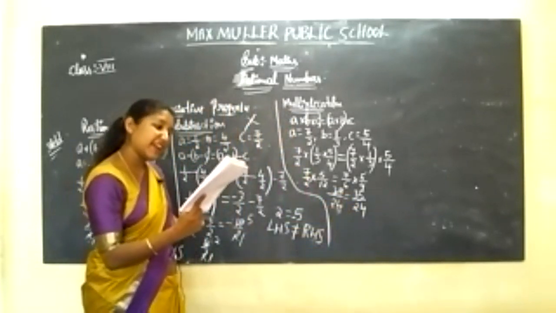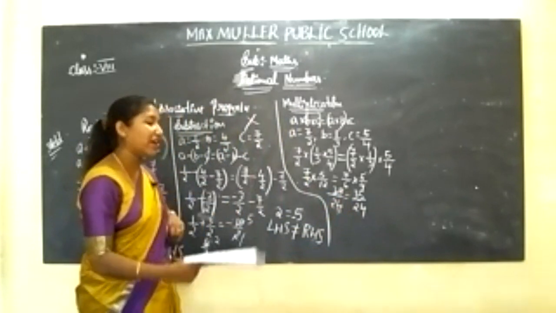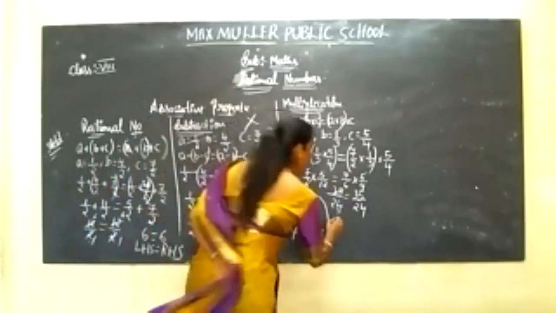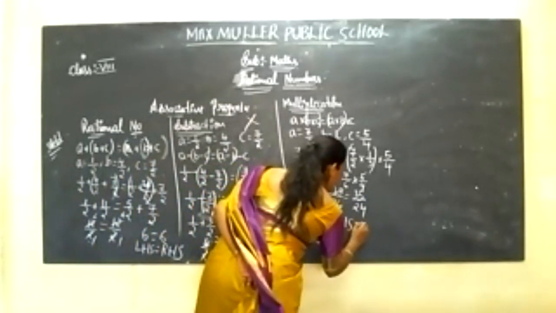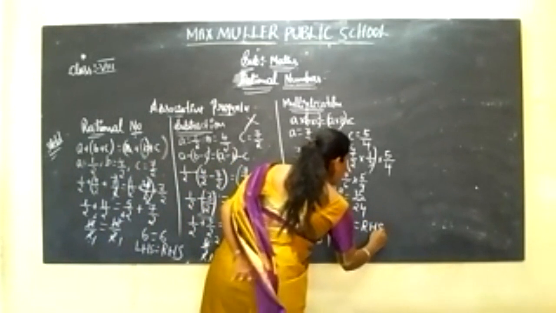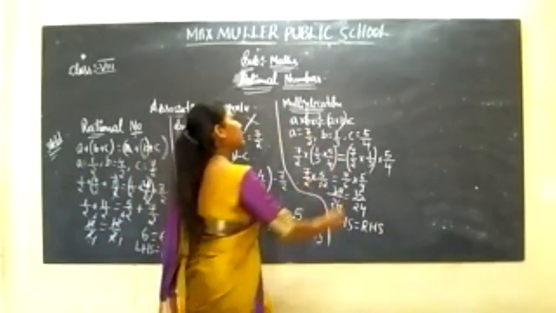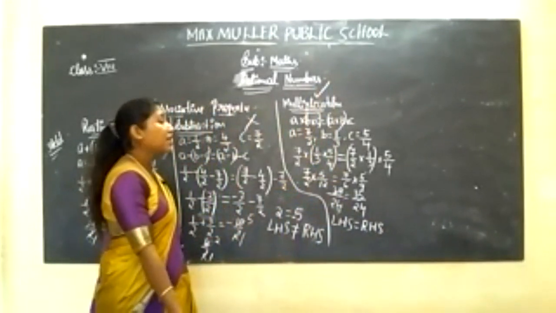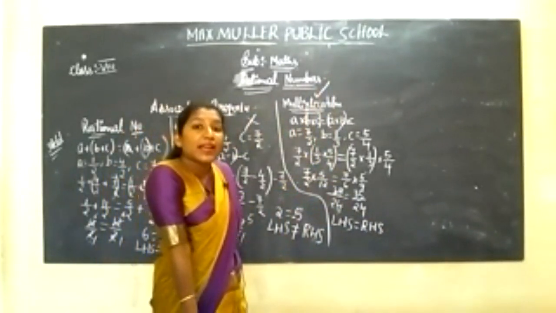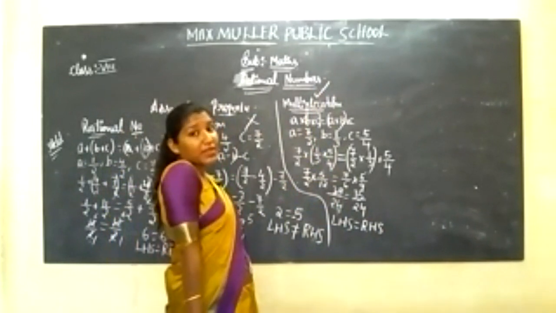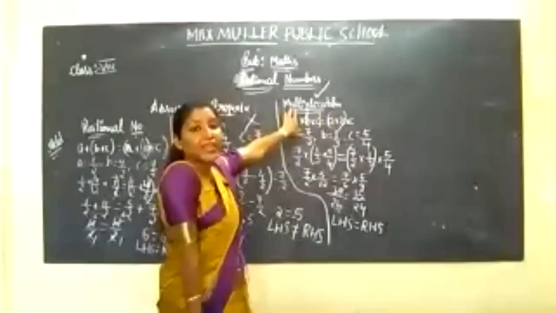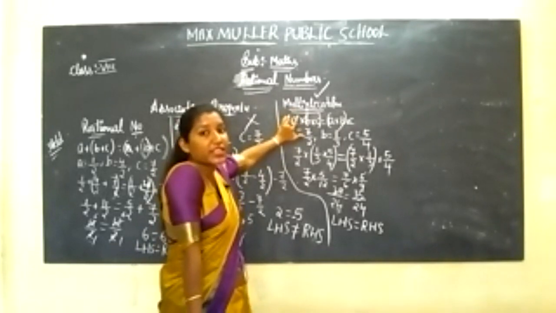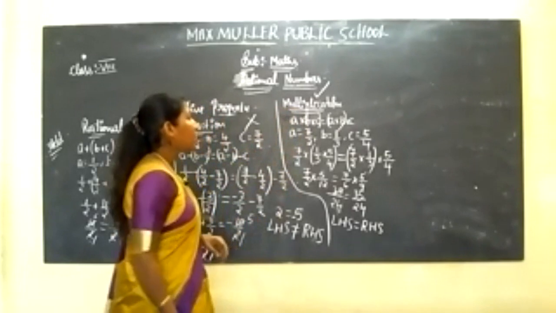So you are directly writing it as 35 by 24, 35 by 24, and LHS is equal to RHS. So this also satisfies the associative property under multiplication for rational numbers, and it holds good. The condition holds good. Understood?